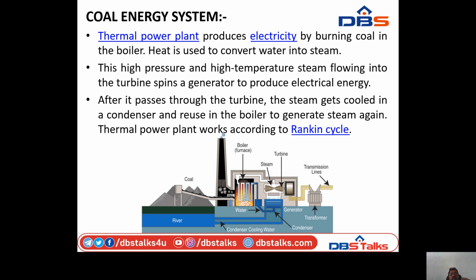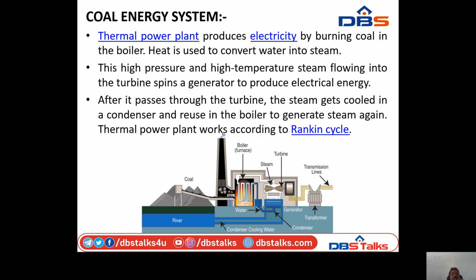Coal energy. Thermal power plant produces electricity by burning coal in the boiler. It is used to convert water into steam.